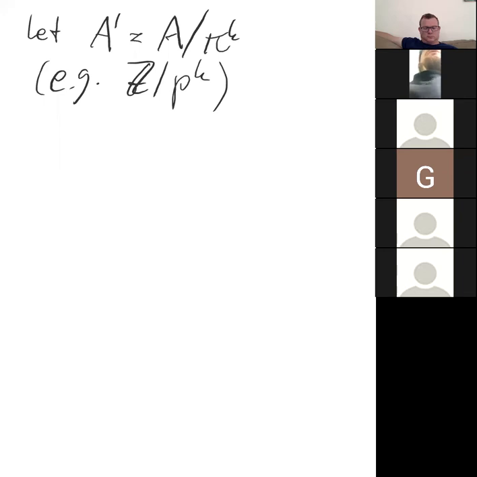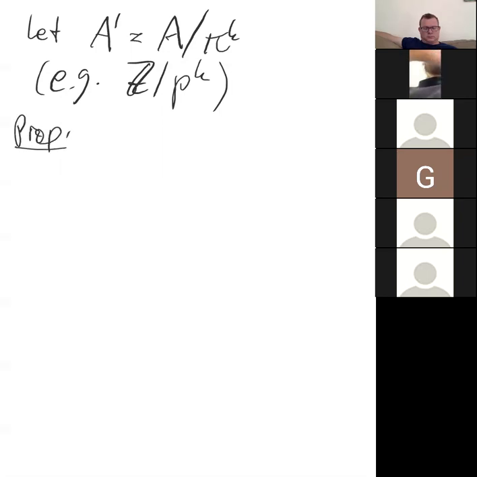So you could hope that for those guys, it still somehow makes things simpler to work relative to this element pi, even though taking cofibers with respect to it is not going to be nice anymore, right? Because this is now not pi torsion free. And in fact, it works out.